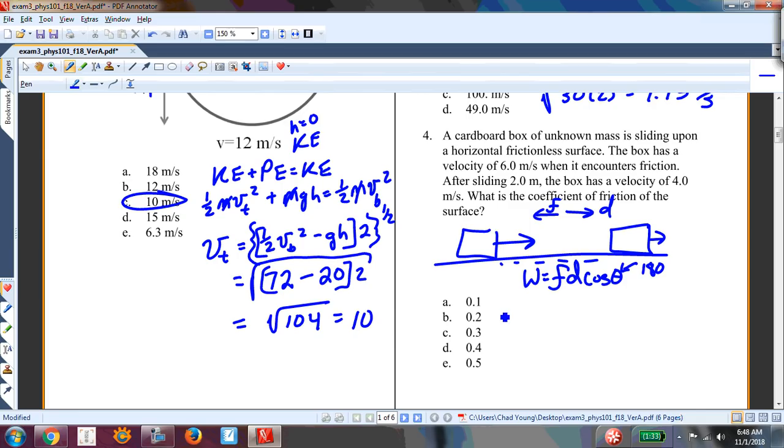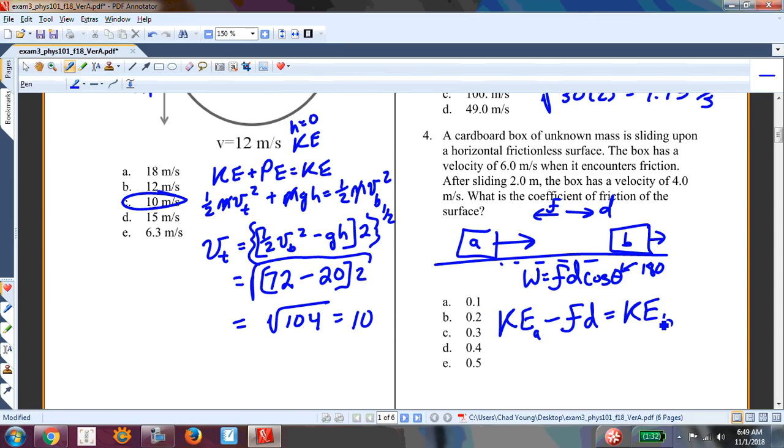So whatever kinetic energy it had at point A, I take away that amount of work, force times displacement, and that's going to tell me how much kinetic energy it has at point B. Okay, I start with kinetic energy at A, I take away the work of friction, and then that leaves me with the kinetic energy at B. So I'm looking for the coefficient.